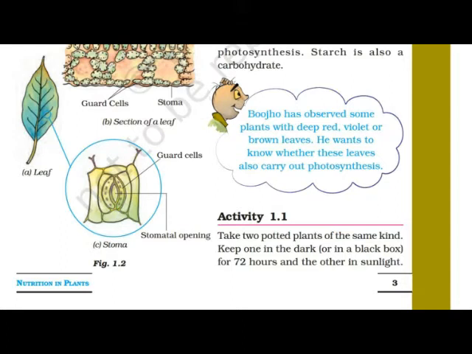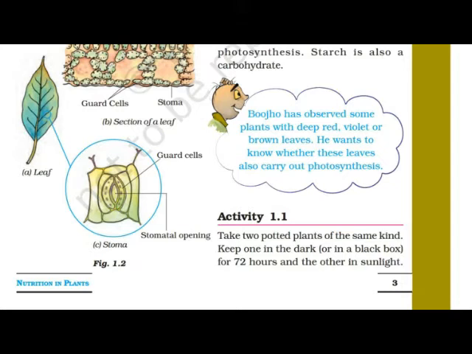Here you can understand we have to take two potted plants. We have to keep one in the dark and one in the sunlight, both for 3 days, that is 72 hours, and we have to take the iodine test after 3 days.